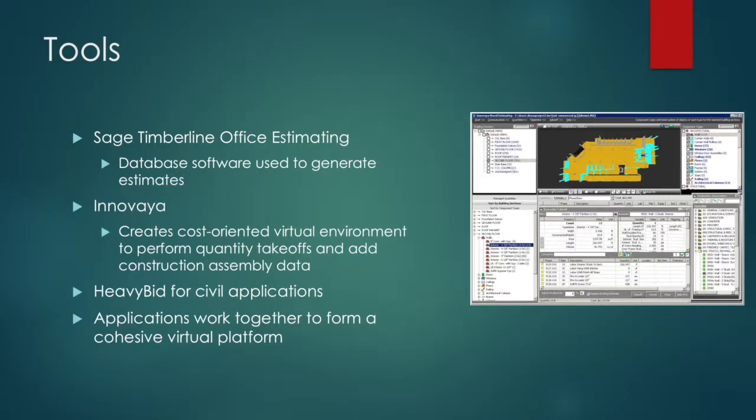Another software is Innovaya, which can be used to create a cost-oriented virtual environment to perform quantity takeoffs and add construction and assembly cost data. This further helps them create a more accurate detailed cost estimate in a quicker amount of time. There's also software for heavy civil-based applications such as HeavyBid. All these tools can be linked together to perform a detailed cost estimate seamlessly.